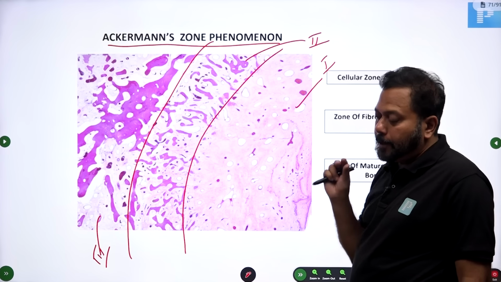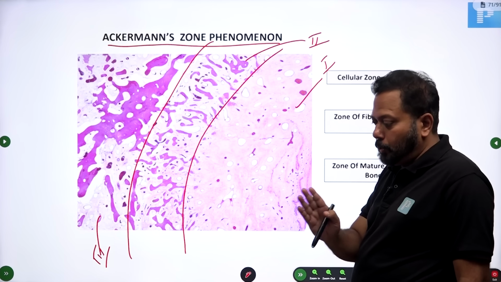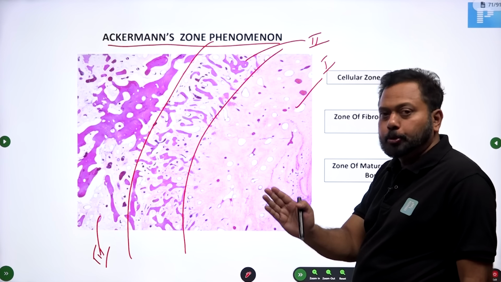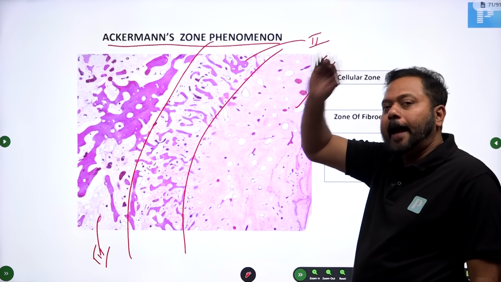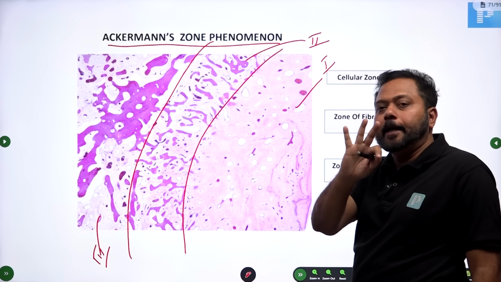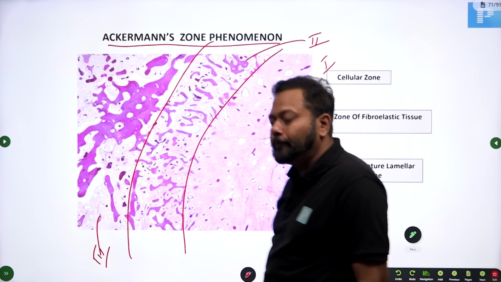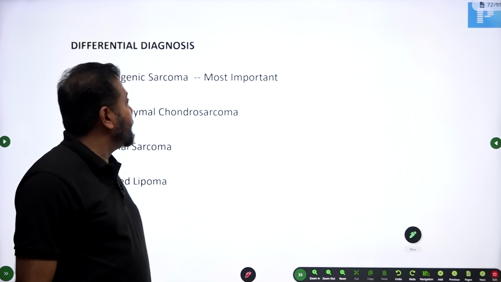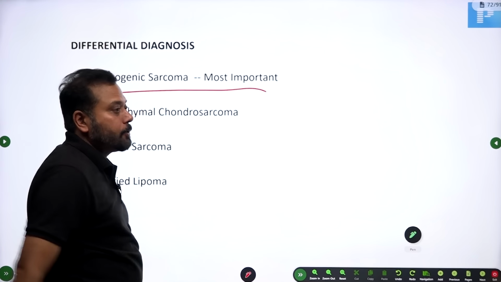You are taking a biopsy from the bone mass. In histopathology, it's showing 3 different zones: innermost cellular zone, middle zone of fibroelastic tissue, outermost zone of mature well-oriented bone. It is called Ackermann zone phenomenon or 3-layered phenomenon. This is 100% confirmatory of myositis ossificans, because in osteogenic sarcoma, the picture will be totally different. So the important differential diagnosis is osteogenic sarcoma.